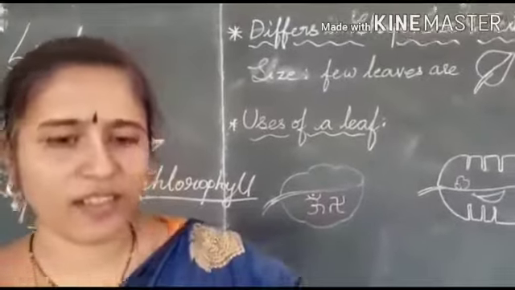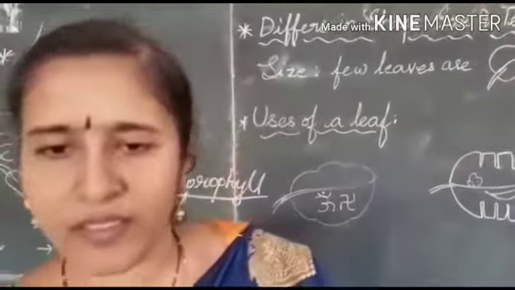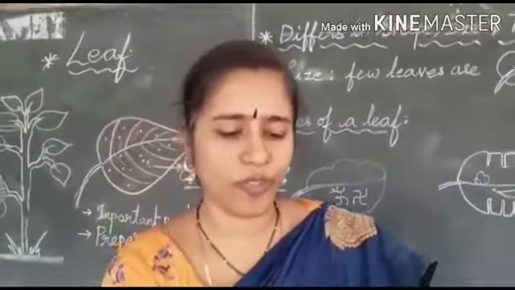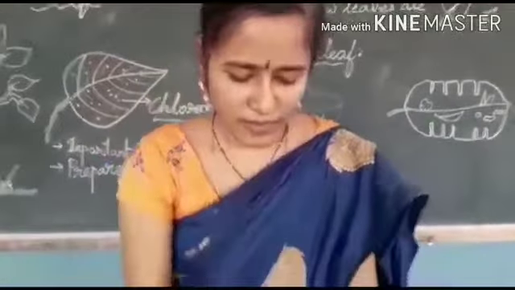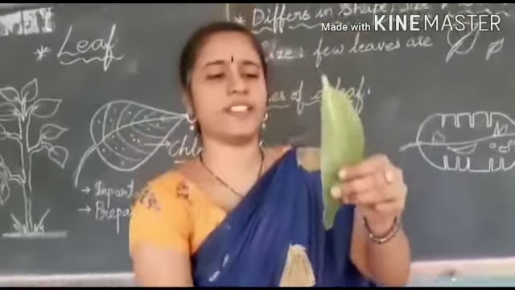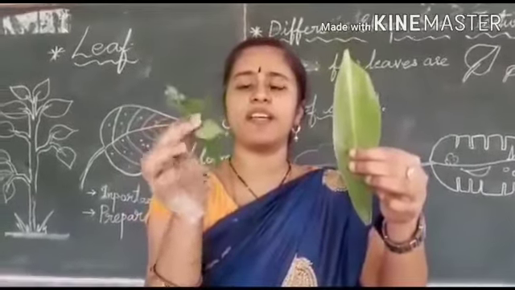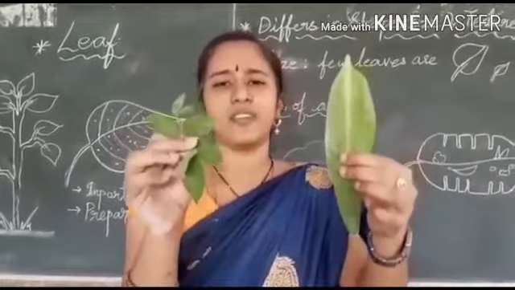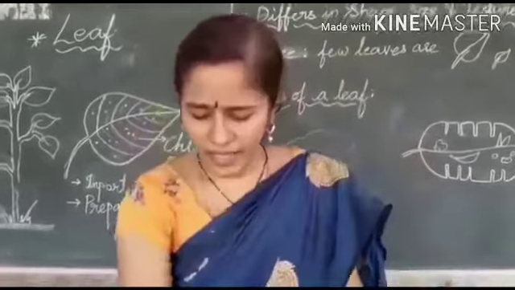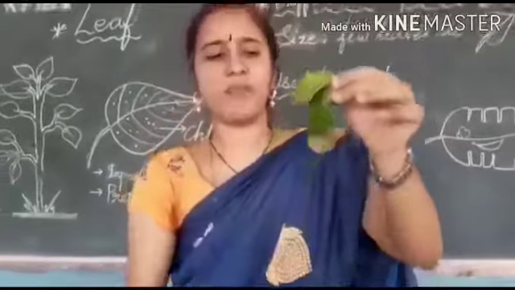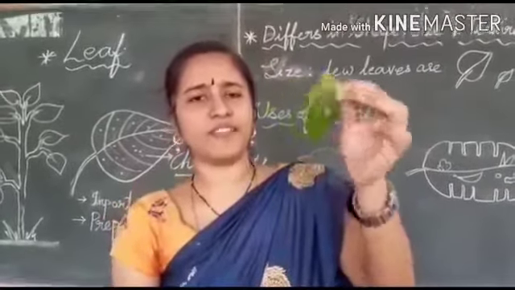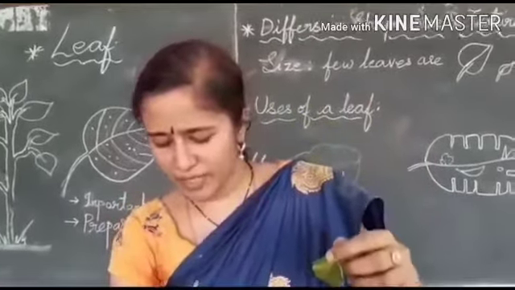Okay children, now I will show a few leaves here. You can see different sizes. You can see how the size and shape differ from each other. Next I will show one more kind of leaf. This differs in size and shape.